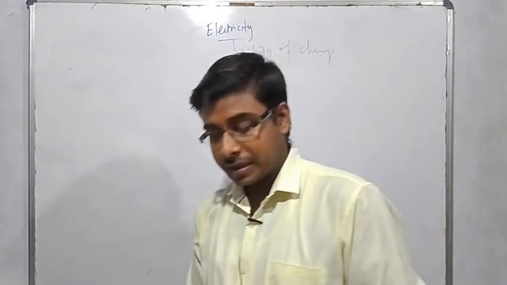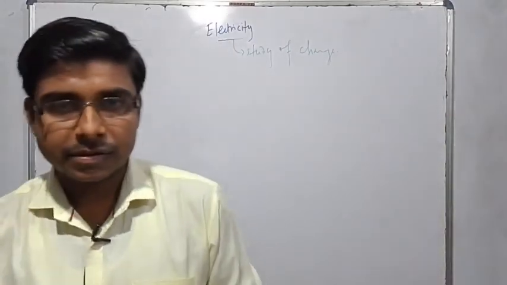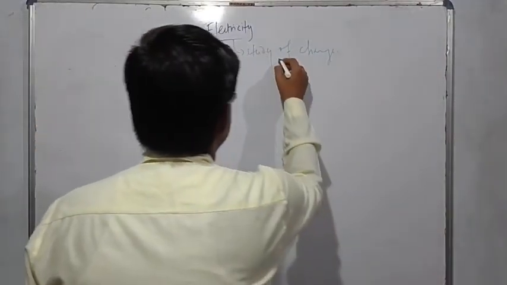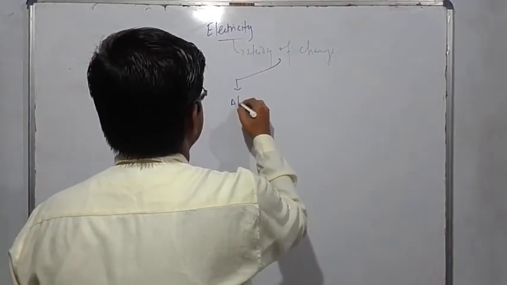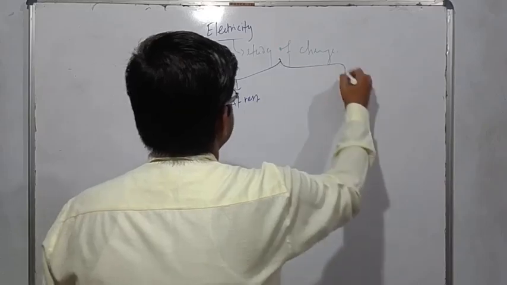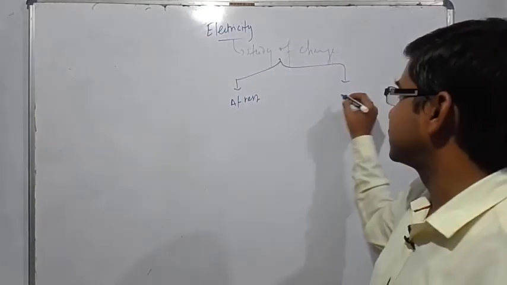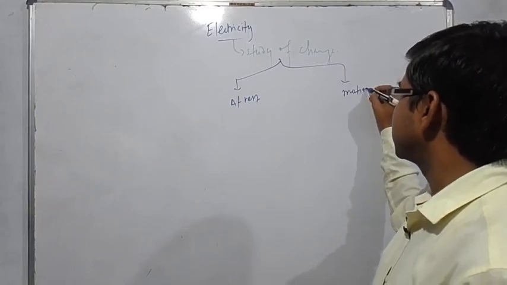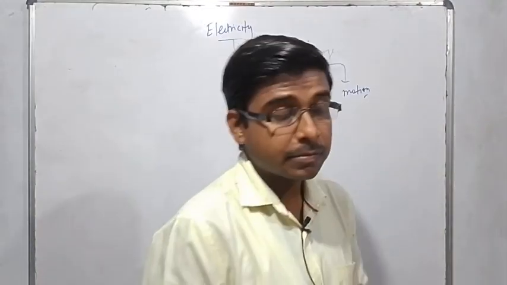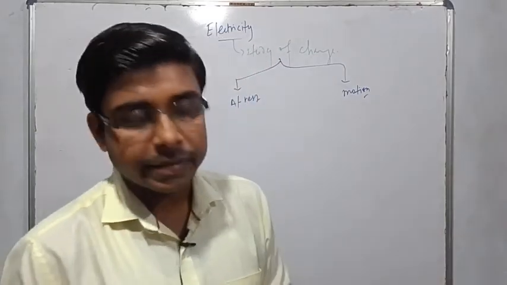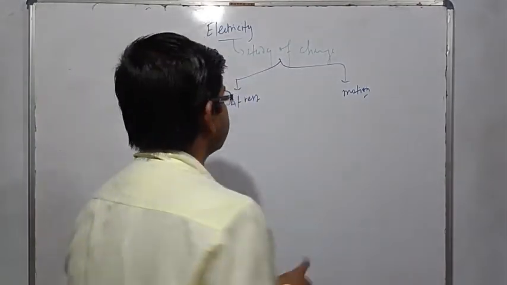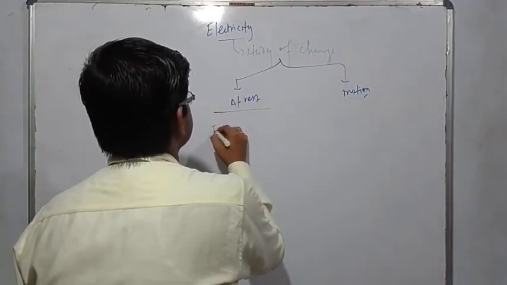Now, charge exists in two states. One, when it is at rest. Second, when it is moving, that means it is in motion. The properties of charge in a rest state are studied in electrostatics.